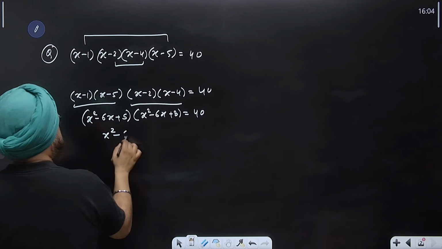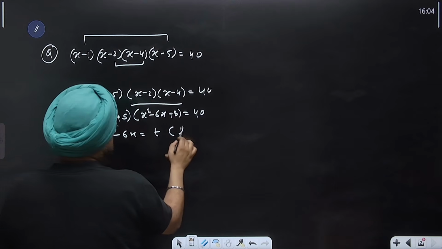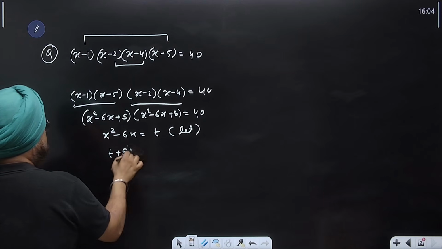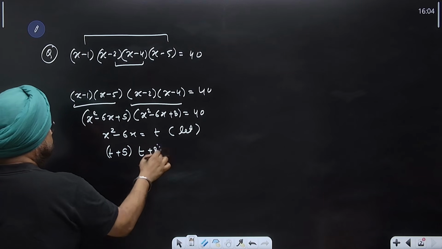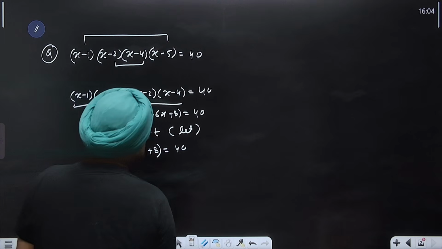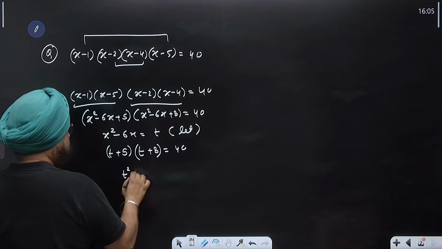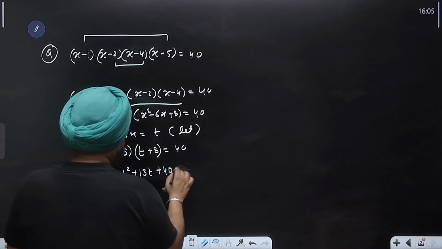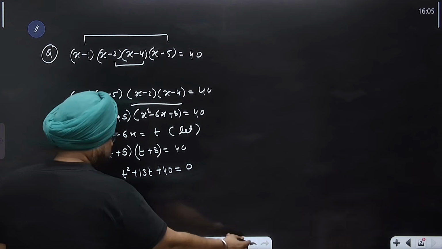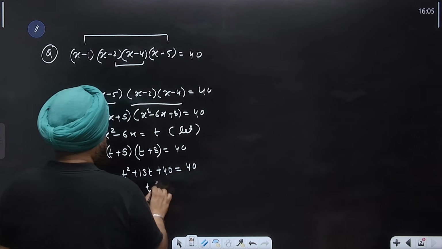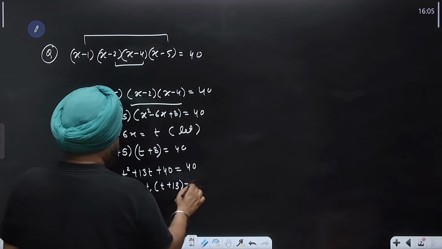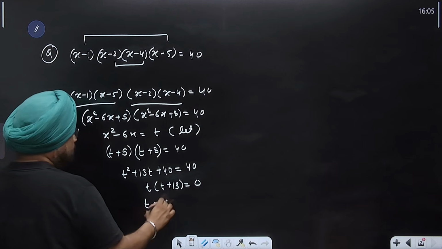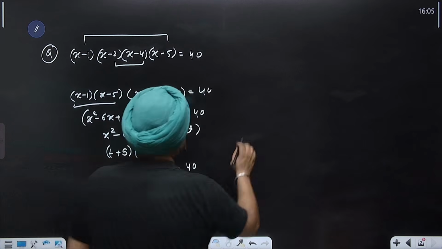Now consider x square minus 6x as t. So the equation will become a quadratic and there will be two values, either t equal to 0 or t is equal to minus 13.